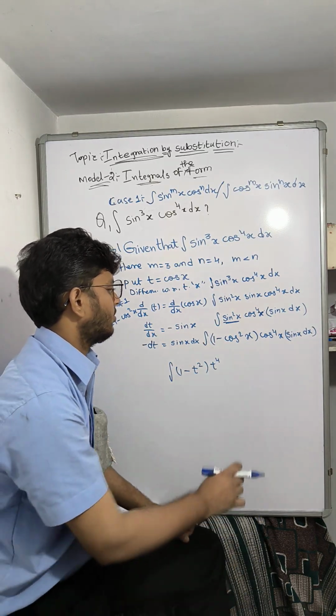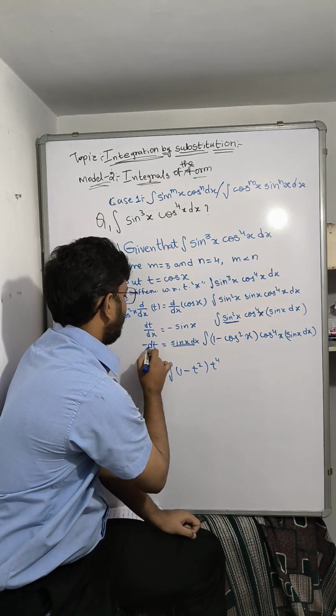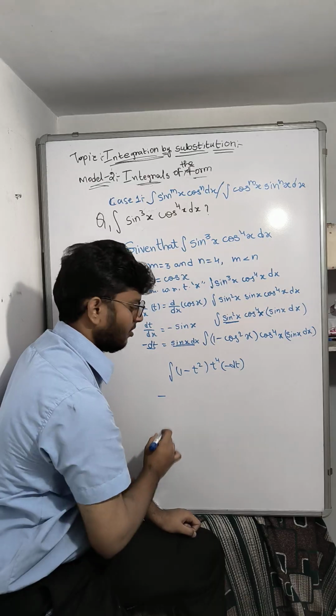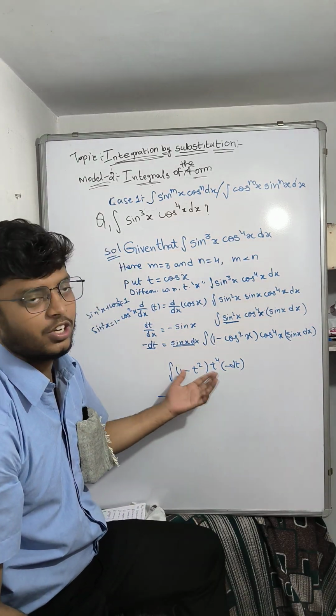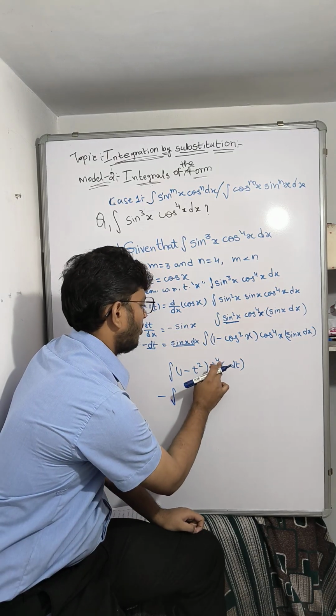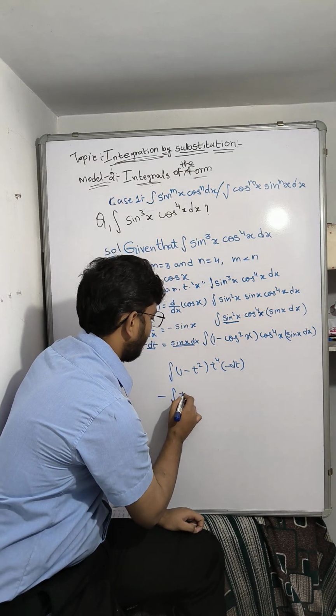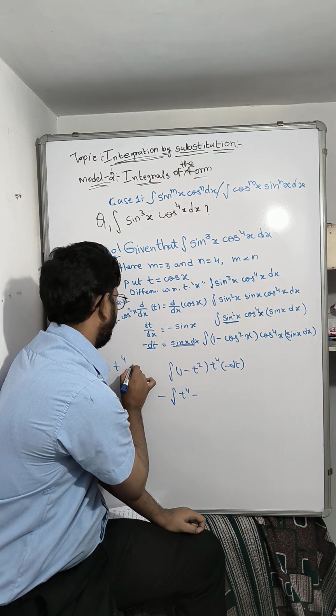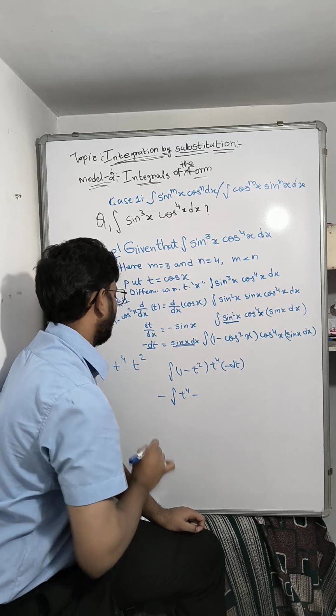Sin x dx means minus dt. Minus comes outside of the integral. Now t to the power of 4 into 1, t to the power of 4, minus t to the power of 4 into t to the power of 2.